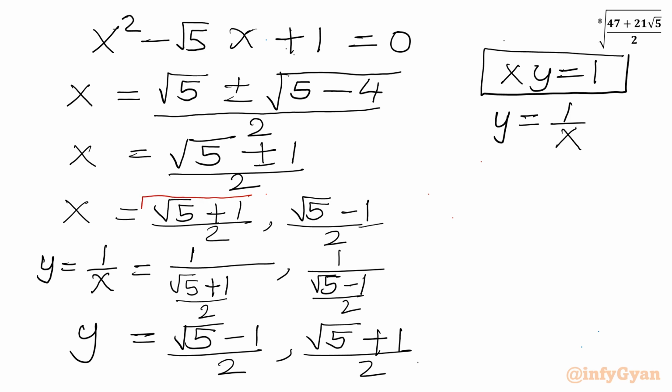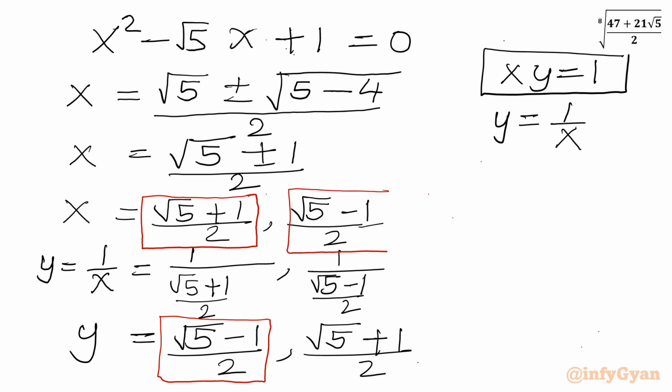See, for x equal to root 5 plus 1 over 2, our y is root 5 minus 1 over 2. For x equal to root 5 minus 1 over 2, y is root 5 plus 1 over 2. Now if you will see this xy combination, then x is smaller than y.